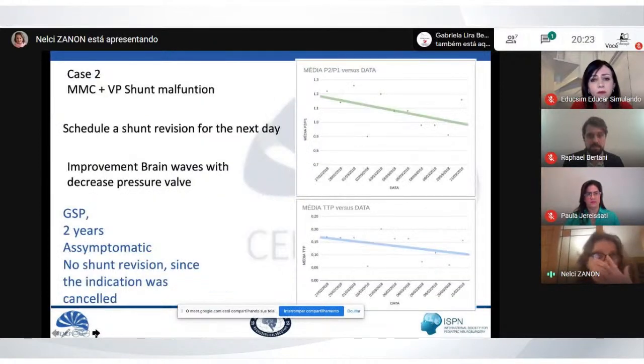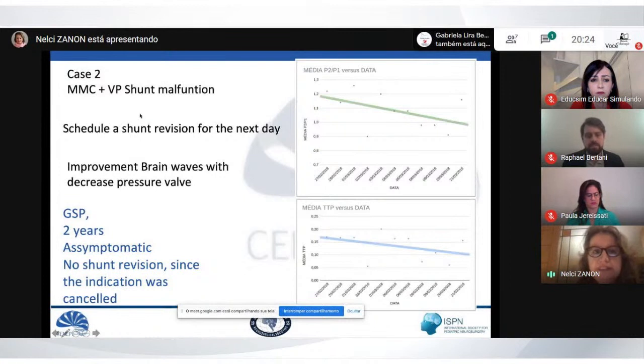The second case is a simple one, just to show the opposite. This child, a young adolescent, came with myelomeningocele and VP shunt malfunction, and he was sent to us just for a shunt revision.